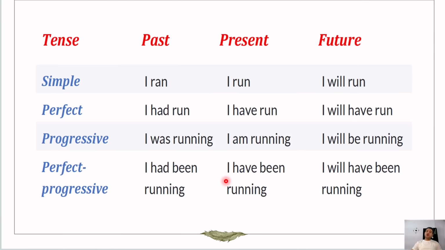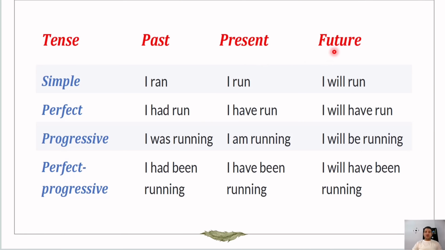Okay, so with four pronouns we use have, and with three, which are he, she, it, we use has. So I have been running, she has been running, it has been running, but they have been running.